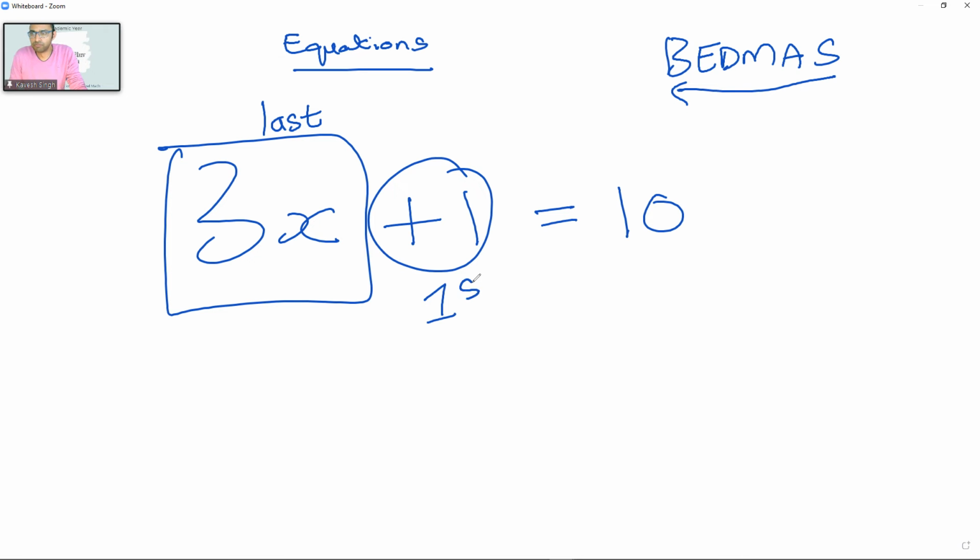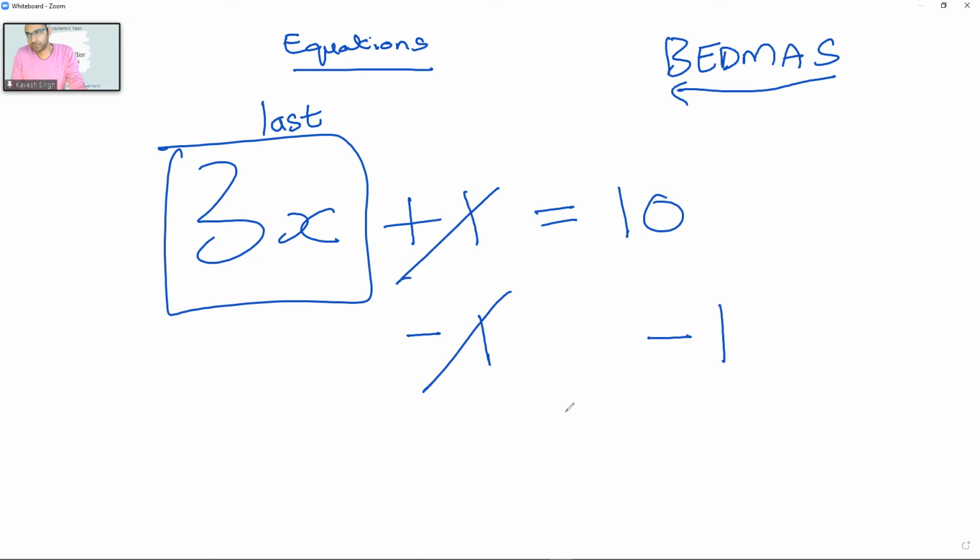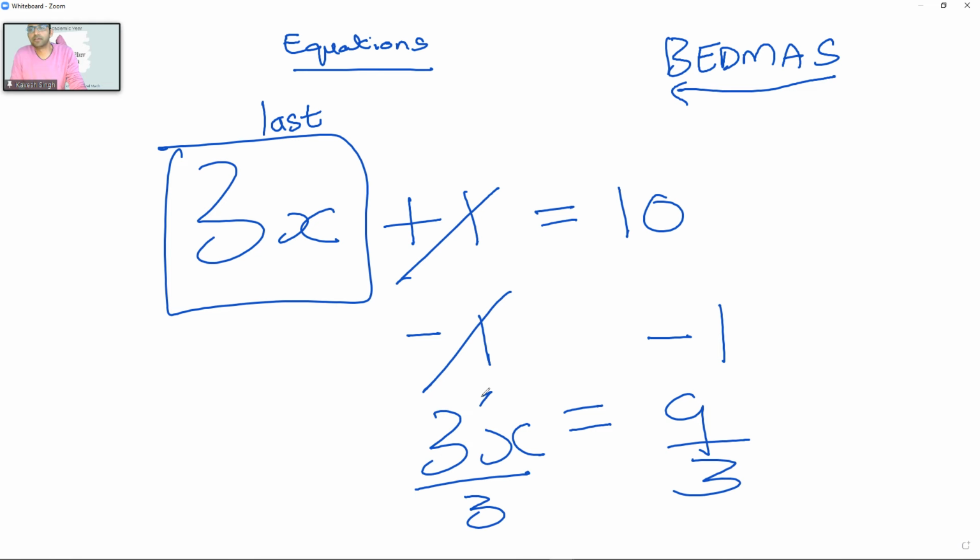You're first going to solve this by removing it. Now, to remove plus one, you do the opposite of plus one, and the opposite of plus one is minus one. So we minus one on both sides because we have to keep it equal, and that'll give you 9. Then divide by 3 on both sides because you want x, and so x equals 3. Can you see that?